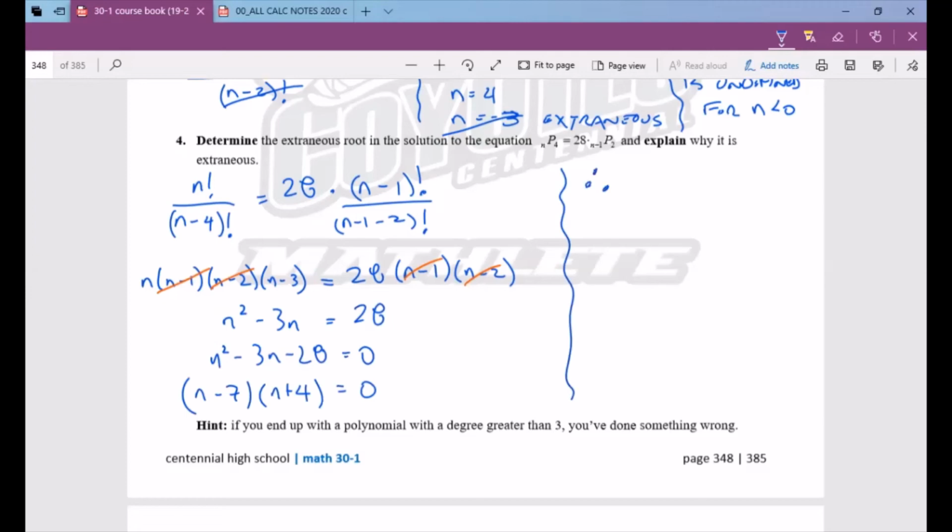Therefore, n is equal to 7, and we should probably explain that n is equal to negative 4 is extraneous, as negative 4 factorial is undefined.